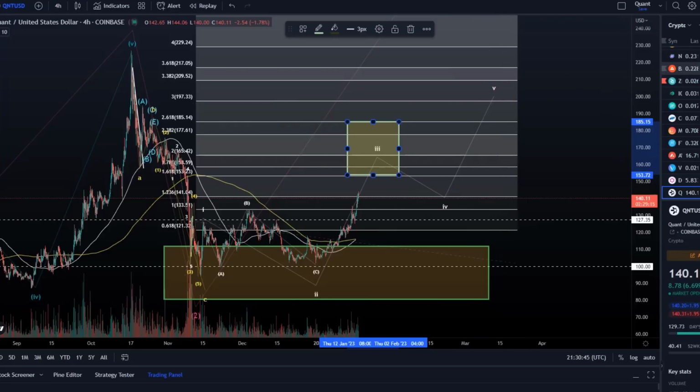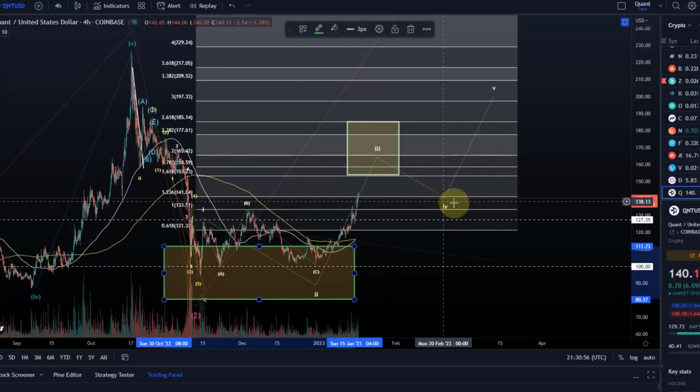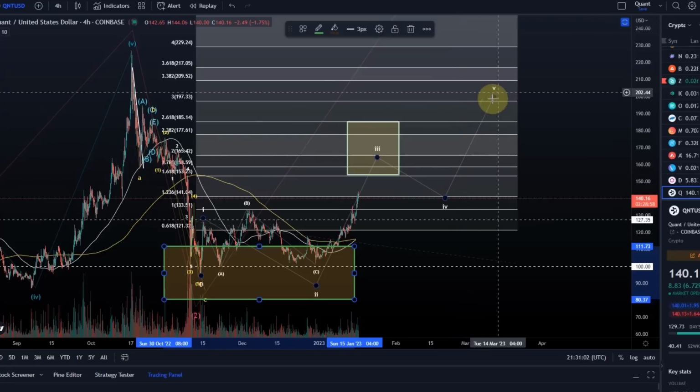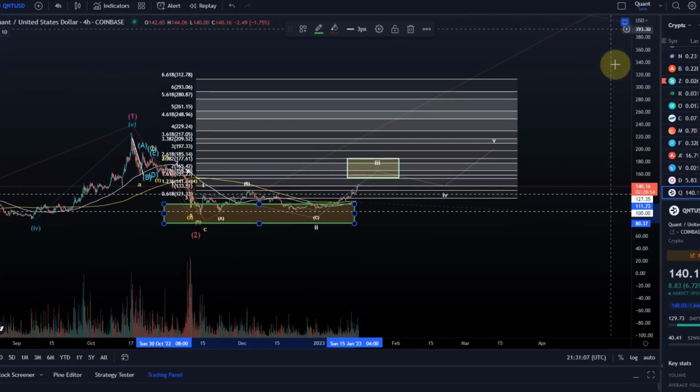Anybody who thinks you missed this rally, even though we had a lot of time down here to accumulate in this large support area, there should be another entry point in wave 4, if it holds. And even if you miss that, after the wave 5 this should then become a larger wave 1 of the 3rd wave.